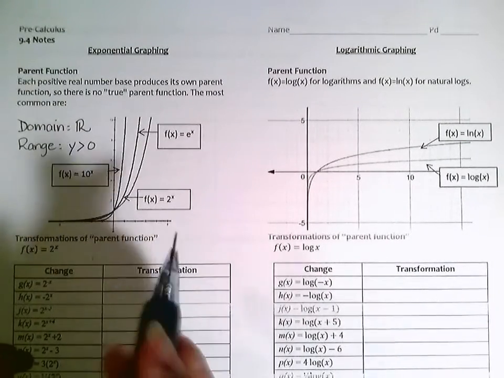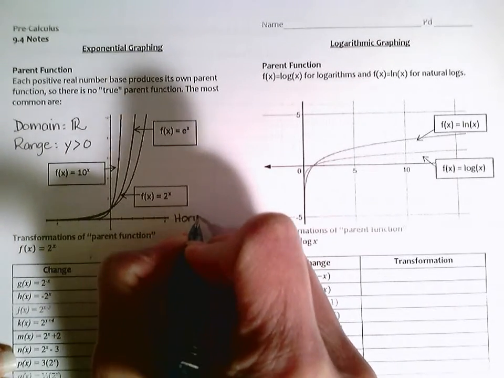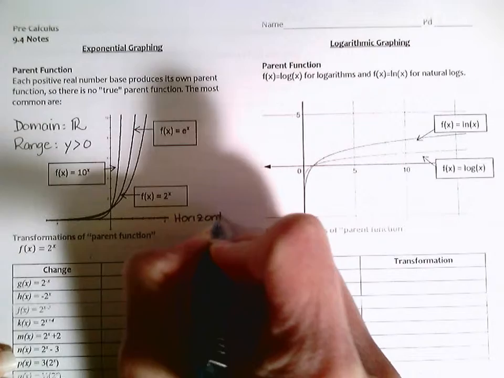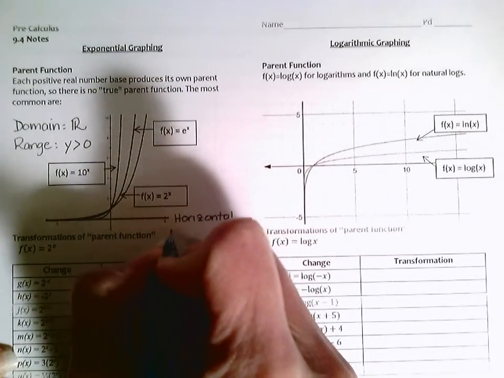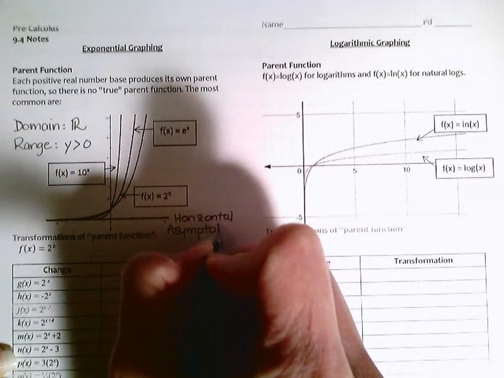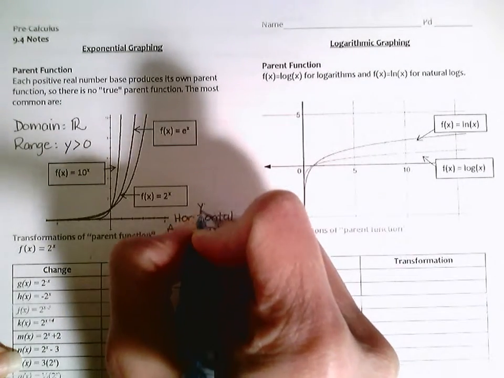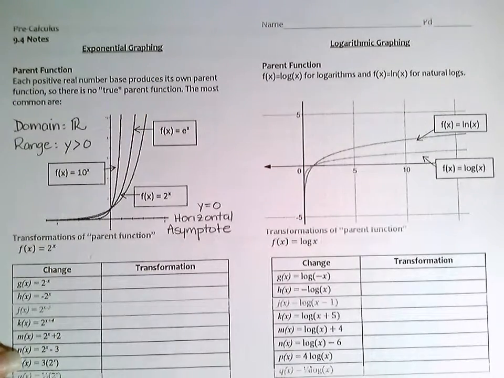And the reason is because this is considered a horizontal asymptote. And the equation for this horizontal asymptote, the x-axis, would be y equals 0.